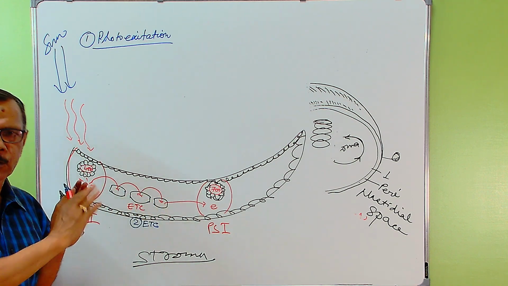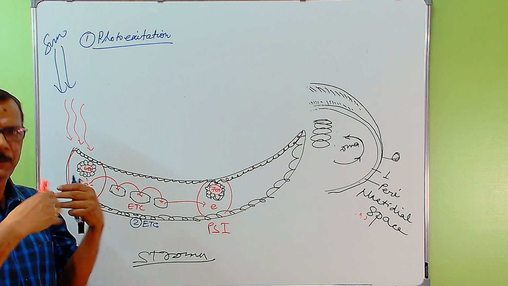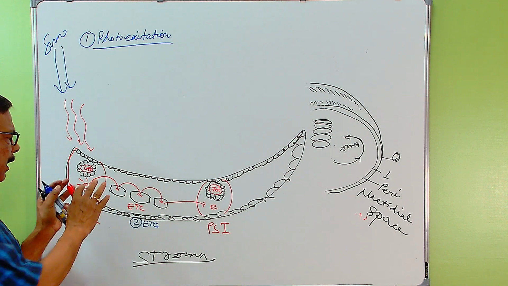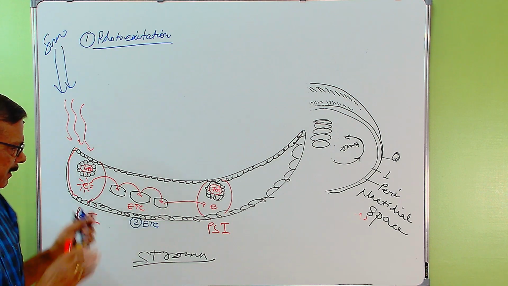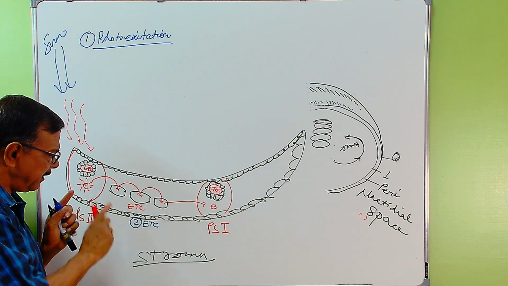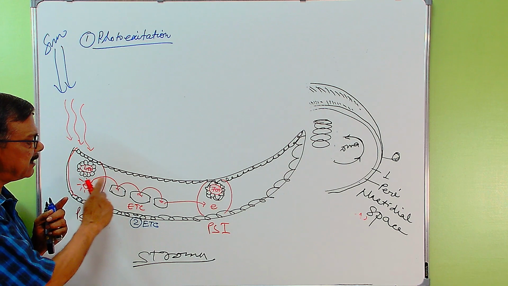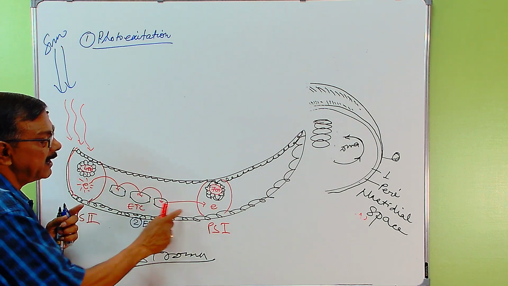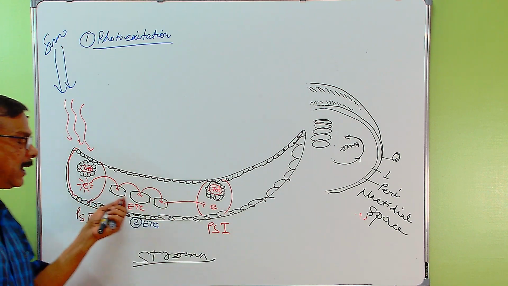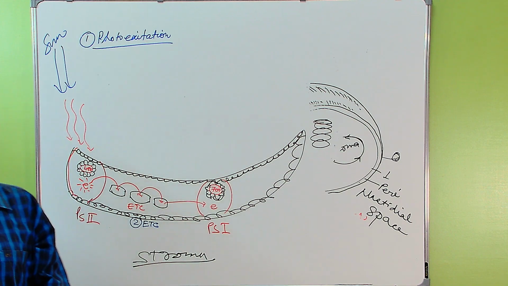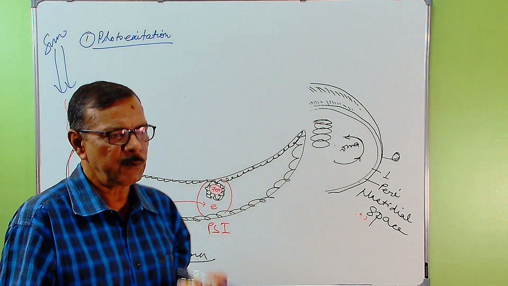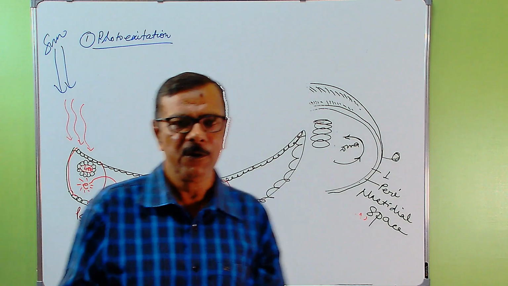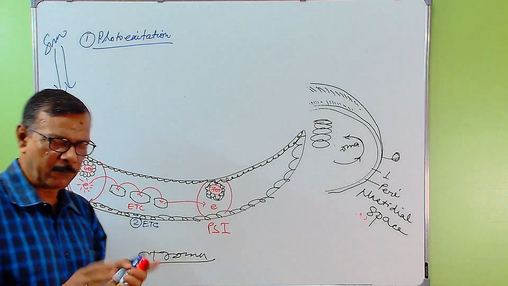I will take a different video on PS1 and PS2. But here keep in mind that this electron passes through the electron carriers and reaches here, because while passing it loses almost all of its energy, so it stays there for a while.